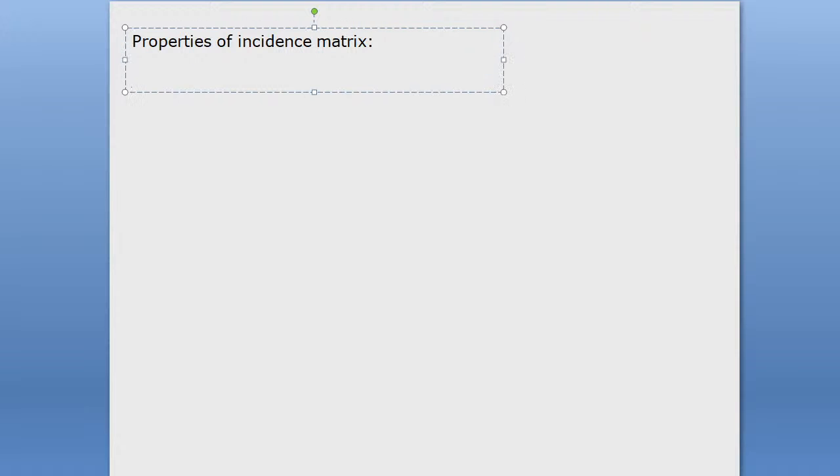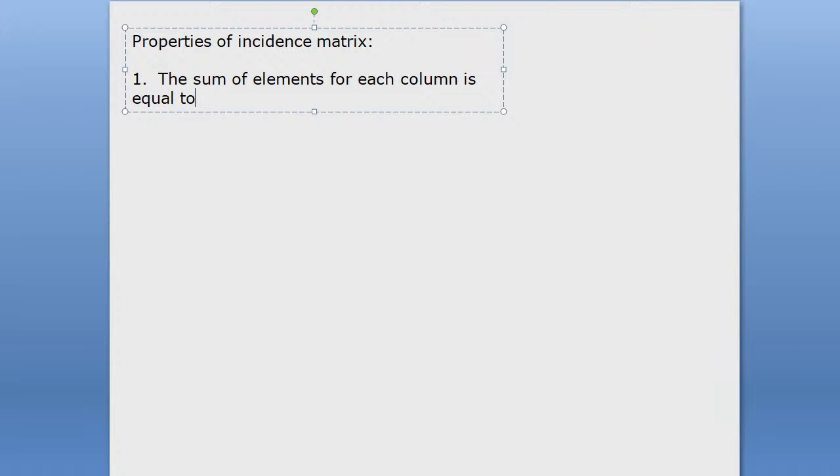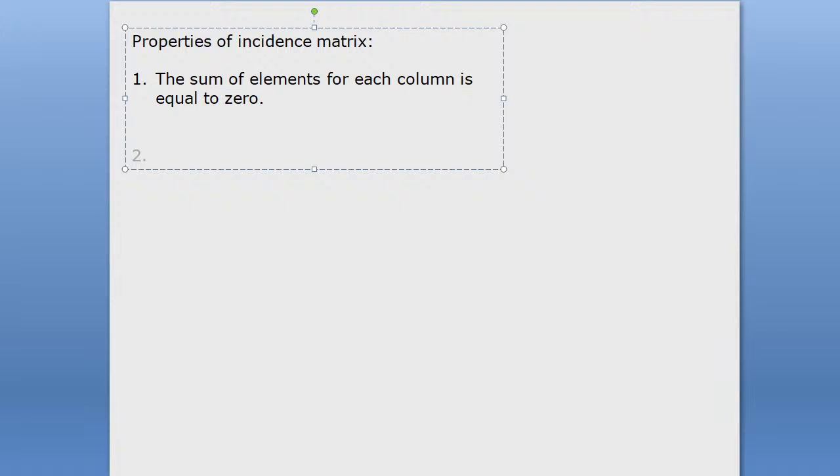Property 1 is that the sum of elements for each column is equal to 0.